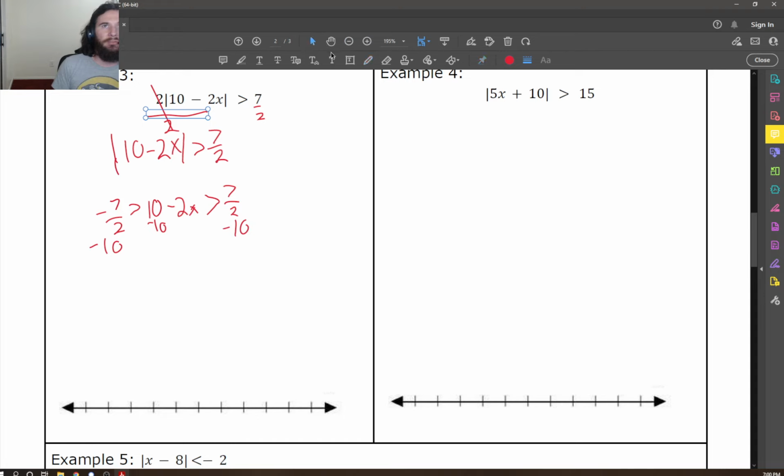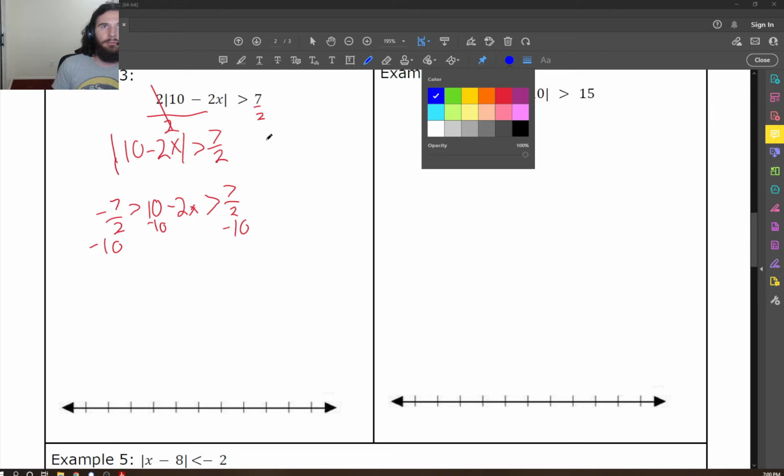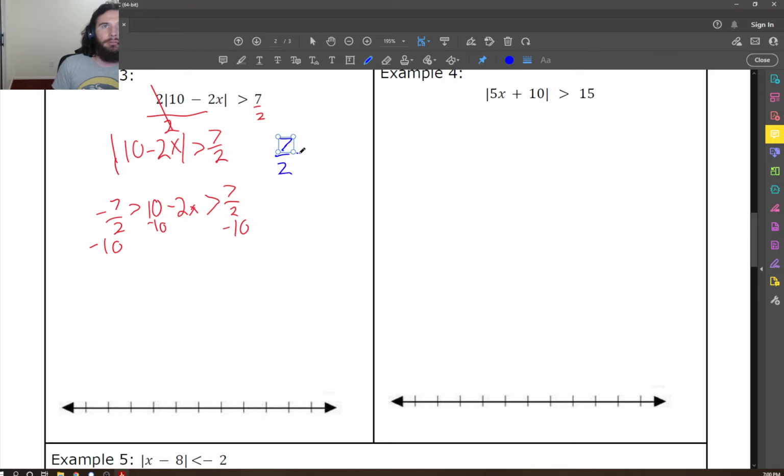And if you need help with subtracting 10 from the fractions, I'm going to switch to blue here and do that real quick. 7/2 minus, so we could think of this as 10/1, but we need that at the same denominator, so I'm actually going to do 20/2. 7 minus 20 is going to be negative 13/2.